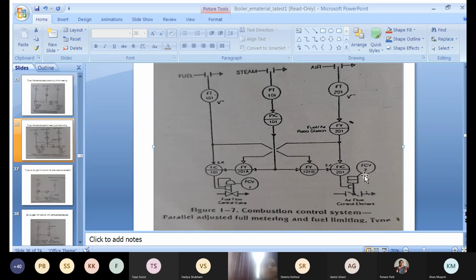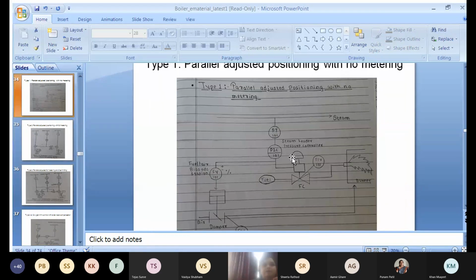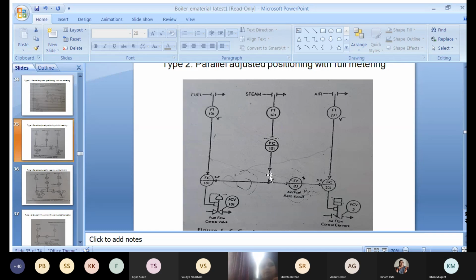Here we are going to study type 3 combustion control, and that is parallel adjusted with metering and fuel limiting. One by one things are being added. See, in type 1 what did we see? Parallel adjusted without metering, only one pressure transmitter and 2 control valves. In type 2 what did we see? With metering, so 3 measurements came in and 2 control valves are there.